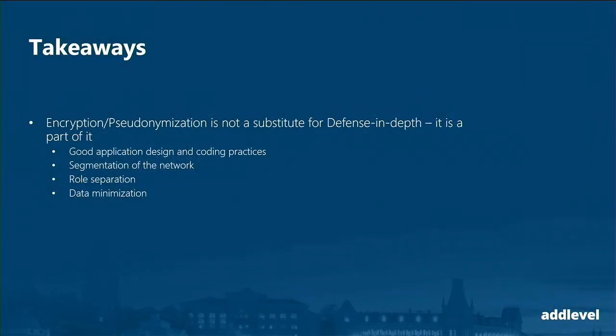The next thing here is that encryption and pseudonymization are not a substitute for defense in depth. They are a part of it, so we need good application design and coding practices. Emil was talking about that yesterday: do static analysis of your application. And then, for example, segmentation of your network. In case someone accesses a system, if the network is segmented, it becomes a lot harder to take over such an environment.